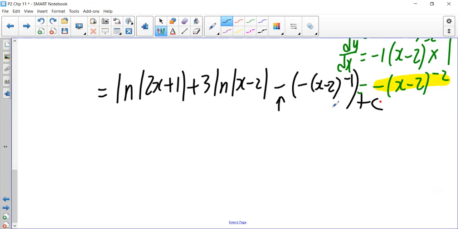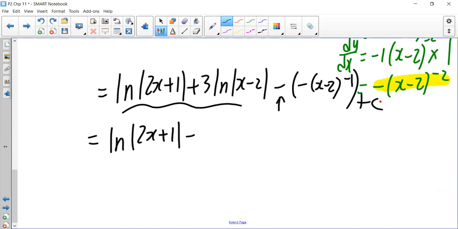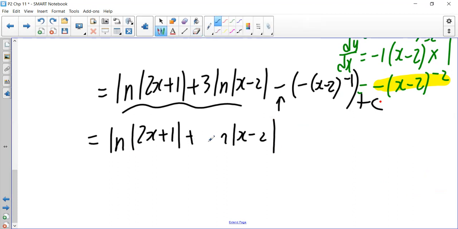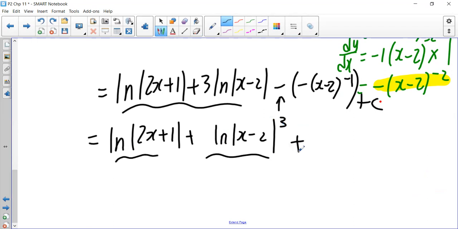Okay, so I just have to simplify things a little bit. There are things I can simplify or not. You can in here if you really want to, but I'm going to keep it like this: ln (2x plus 1) plus 3 ln (x minus 2). If you do want to simplify, you can put the 3 in the power like this, and then do log a plus log b, and minus makes a plus.